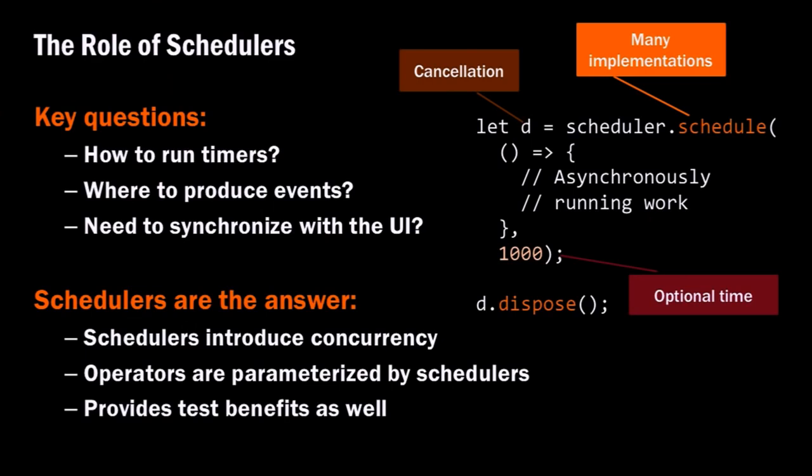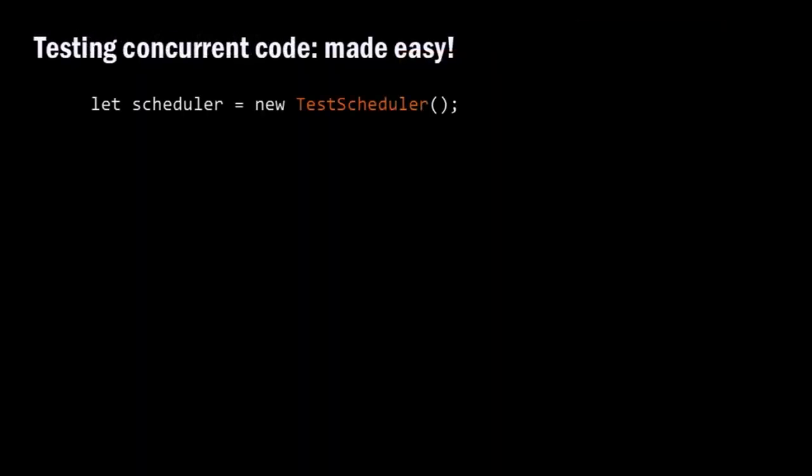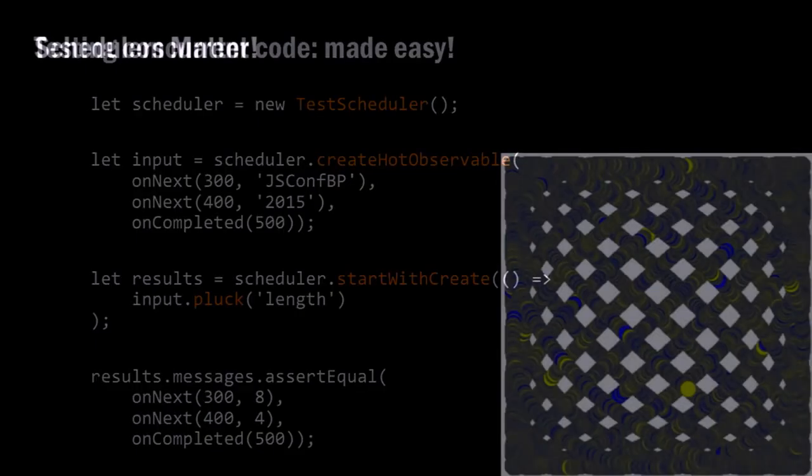For Angular, you could fit it into the digest cycle. For any number of things, you can also choose a very specific implementation. And of course, you can do deterministic testing, such as JSConf BP 2015 happens at these particular times, and we can always determine that it happened then. So there are no callbacks when you're testing observables, it just works.